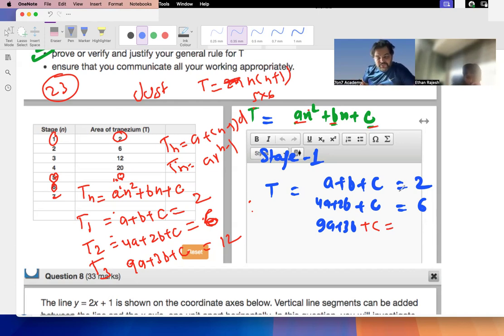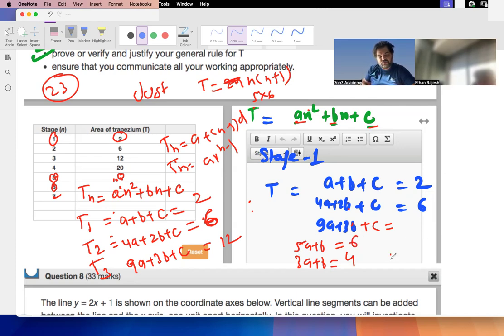Now you subtract those two. So 3A plus B is what you get here? This minus this is 4. Subtract these two: 5A plus B is equal to 6.